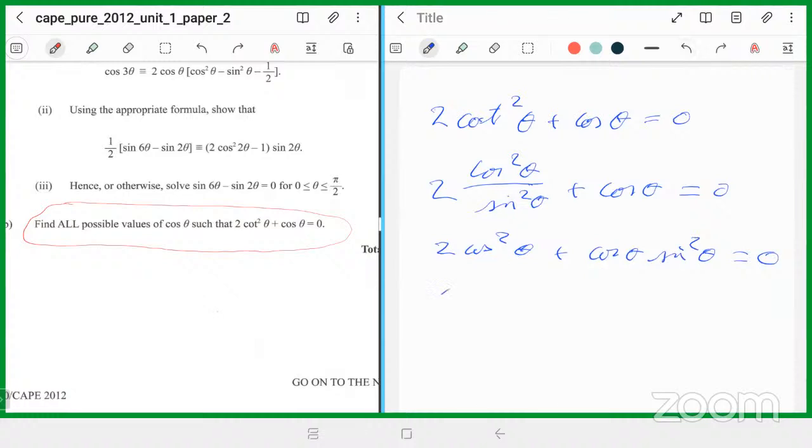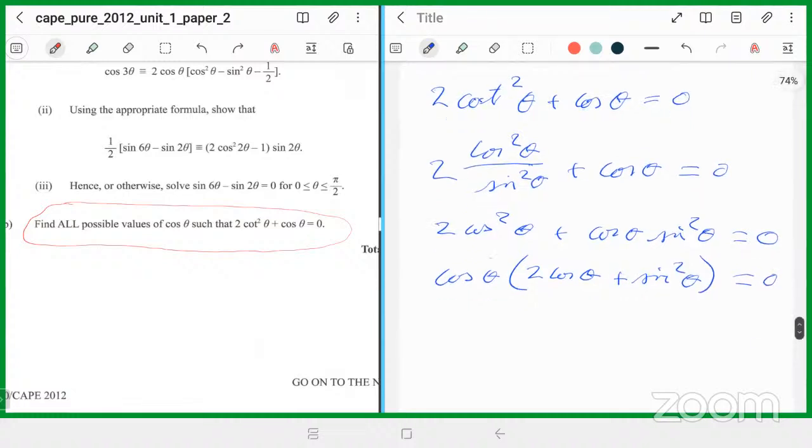I would get cos theta times 2 cos theta plus sine squared theta equals 0. Then either cos theta is equal to 0, or 2 cos theta plus sine squared theta equals 0.